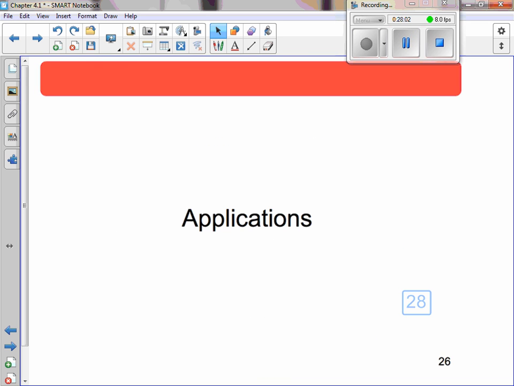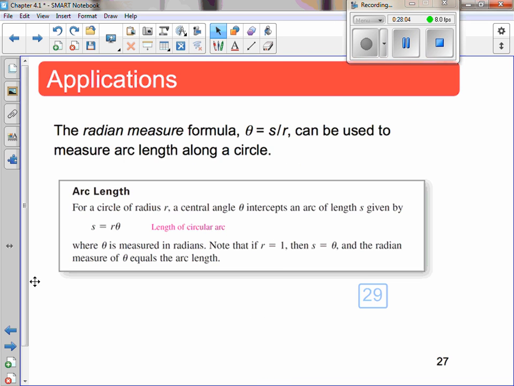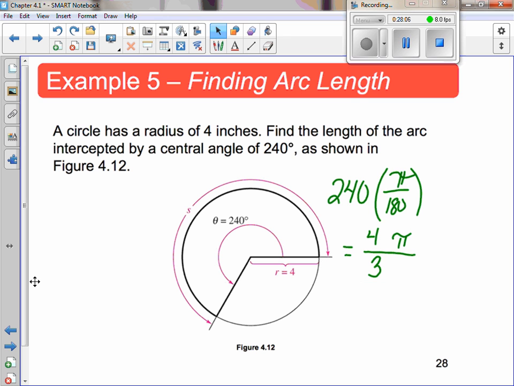So we get 4 pi over 3. That is the measure of this here. And if I want to know the arc length s, s is equal to theta times r.